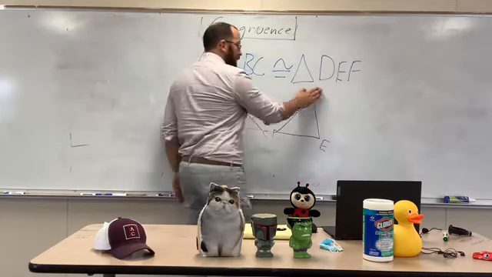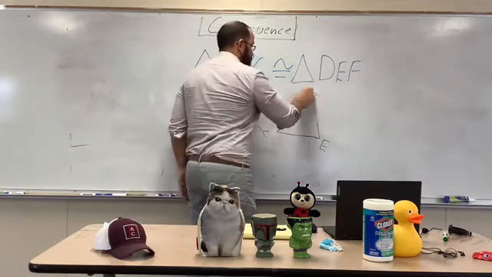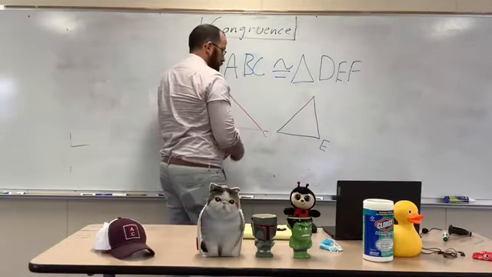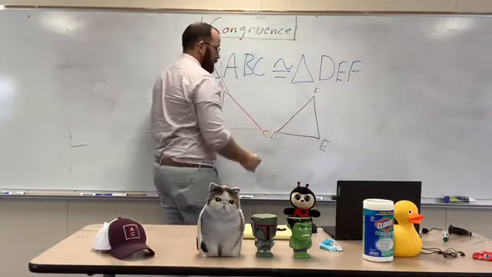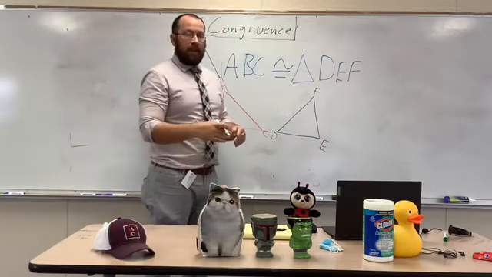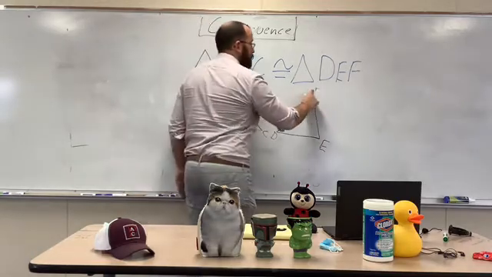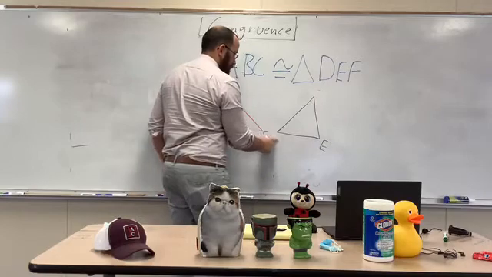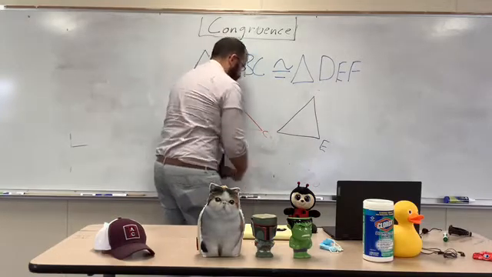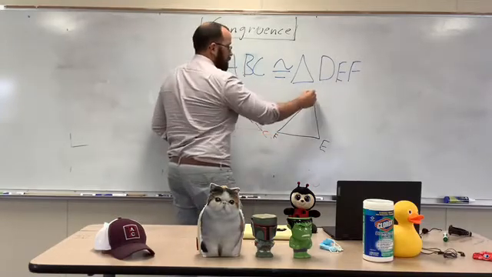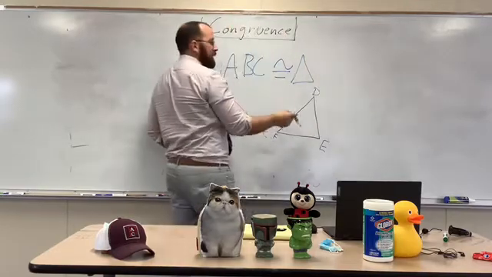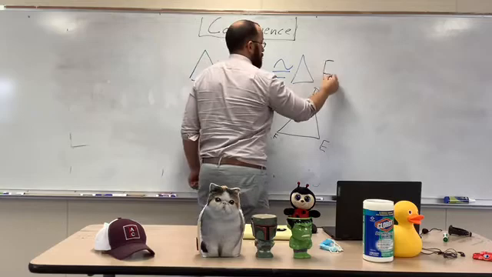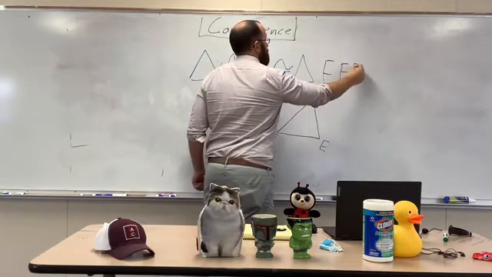I cannot switch these and say that's F and that's D, because it wouldn't fit then. It has to be in the direct order. I also cannot switch these around. I can't say ABC is congruent to EFD.